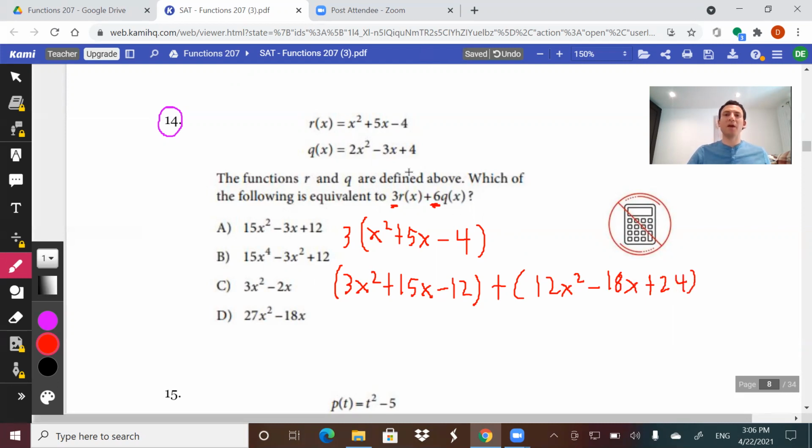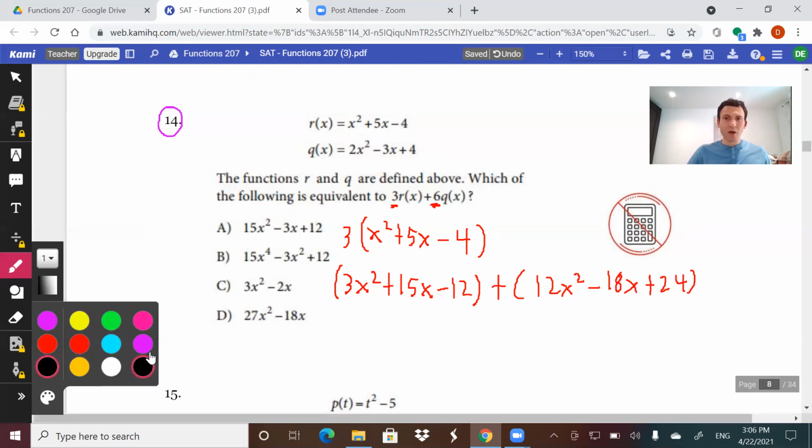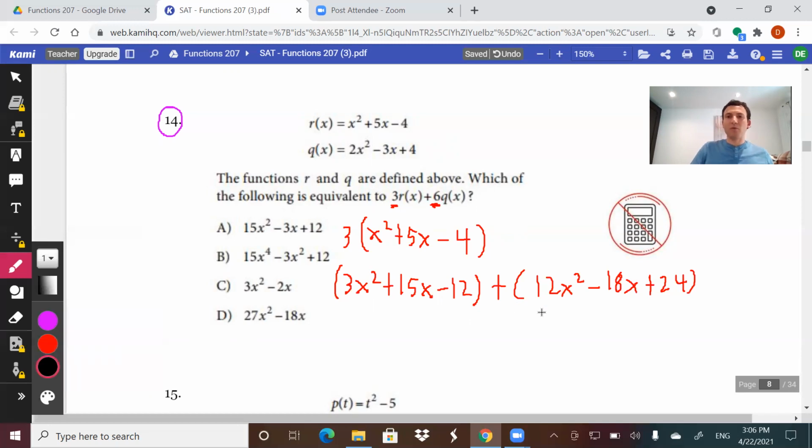And again, we input x into the q function, and we multiplied that entire output, which was 2x squared minus 3x plus 4, by 6. So all I did was distribute the 6. So anyway, what happens here? When we collect like terms, we end up with 15x squared minus 3x plus 12.